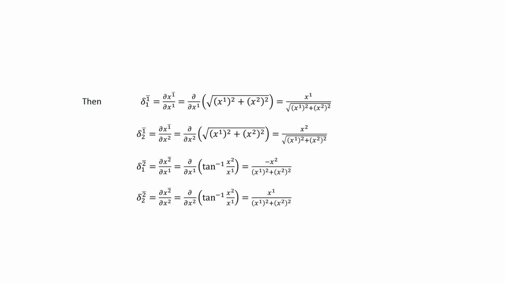So x1 bar is equivalent to r. So x1 bar is equal to the square root of x1 square plus x2 square. We differentiate this term with respect to x1, and the answer is x1 over the square root of x1 square plus x2 square.